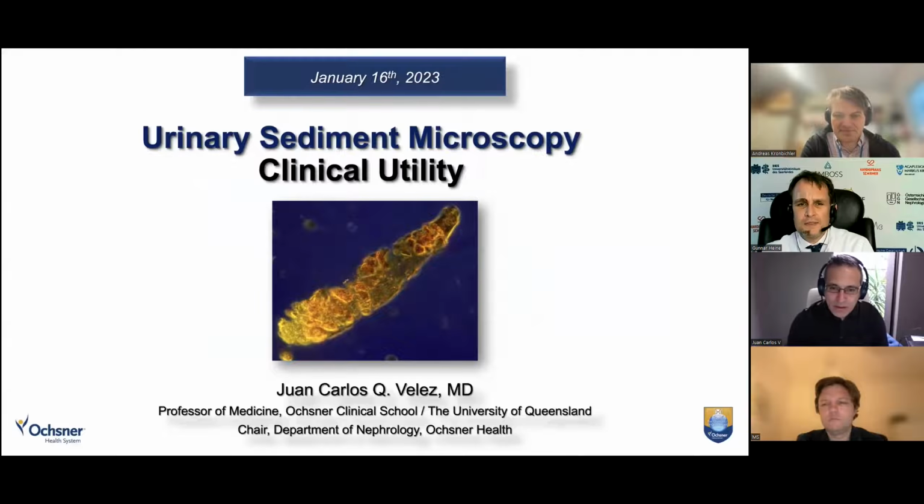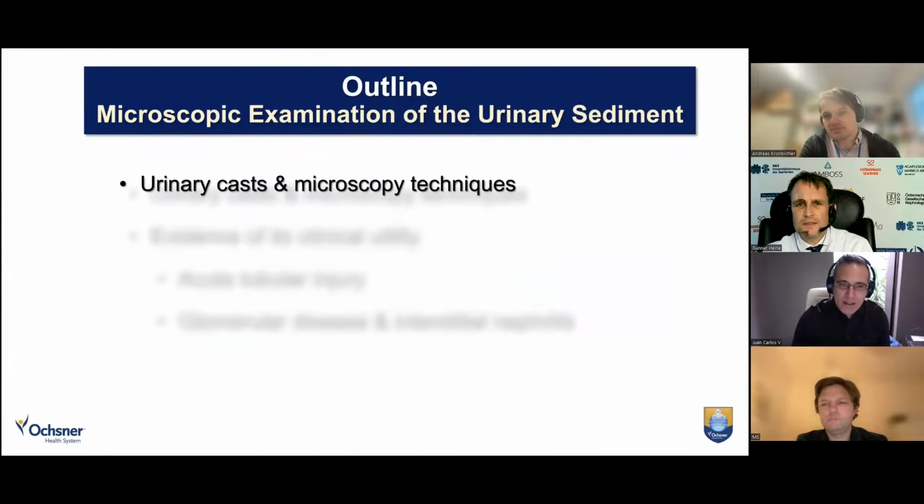We're going to cover basic principles and utility of urine sediment microscopy in clinical medicine. We're going to briefly talk about the different techniques that we have available for the clinical setting, and then we're going to go through the main findings. The presentation is centered in urinary casts.